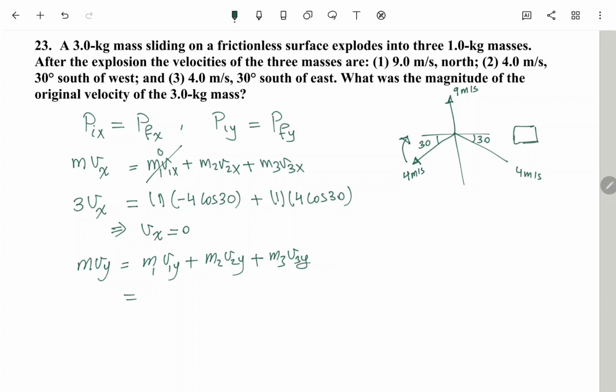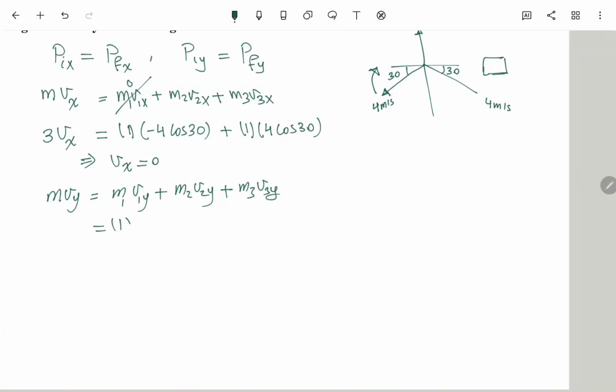You substitute M1, which is 1 times V1y 9, plus 1 times minus 4 sine 30, plus 1 times minus 4 sine 30, because the y component for this one here is negative, and the y component for this one here is negative as well.